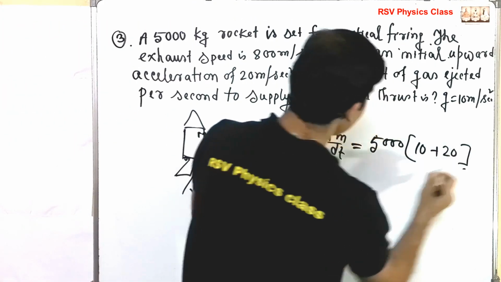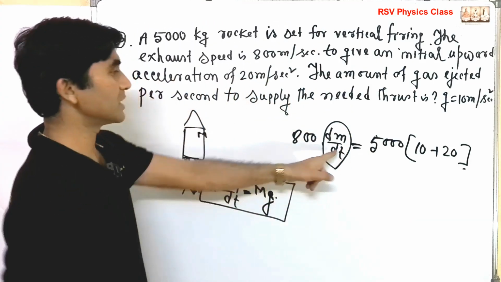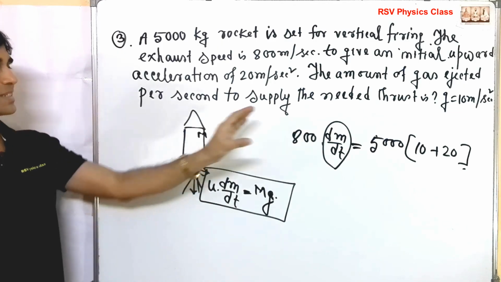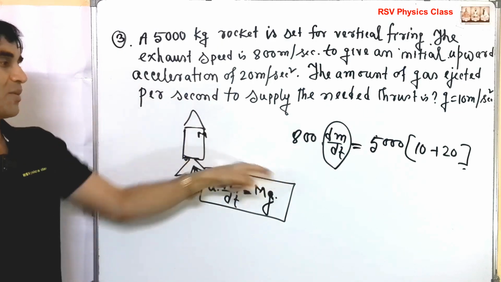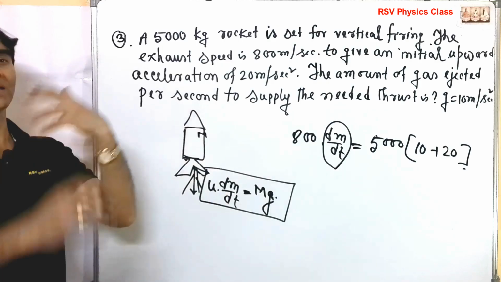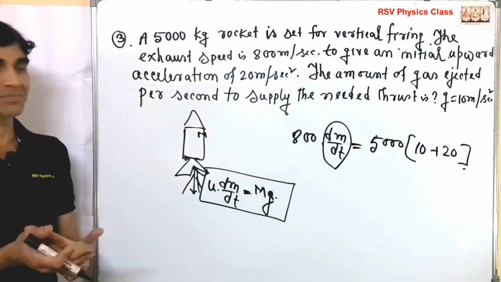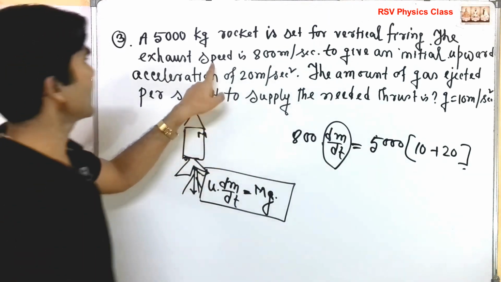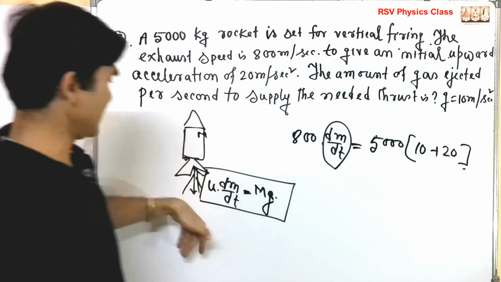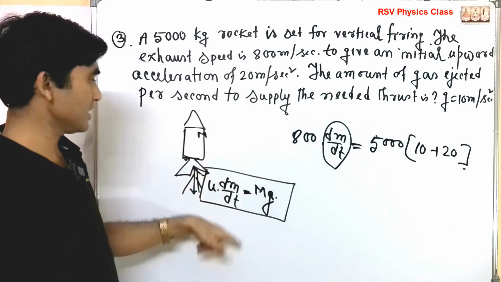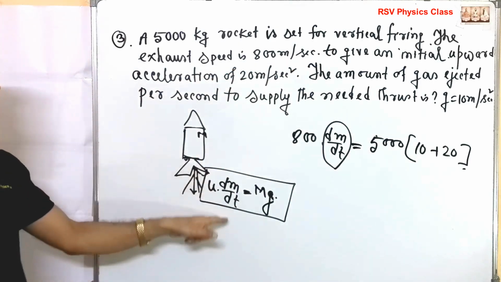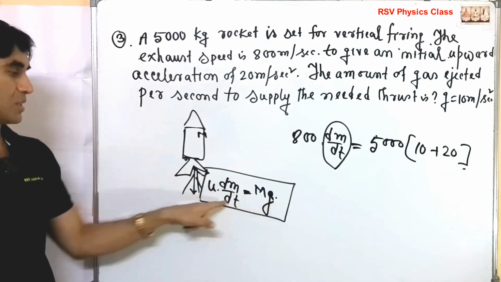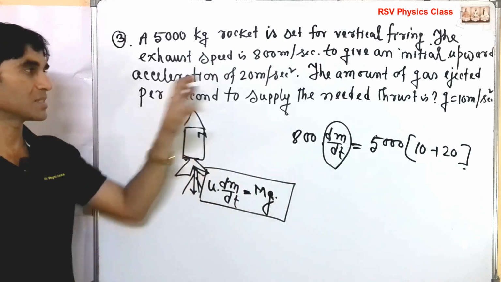So you have to calculate dm/dt. If you know the theory, you can easily solve the problem. How much mass is combusted per second, and the speed of the ejected gas, the exhaust speed, is 800 meter per second. Since u dm/dt is force and this is the force, the equation balances. Okay, so this is the basic equation.